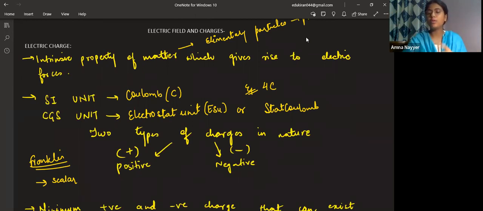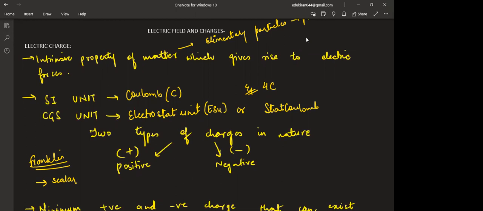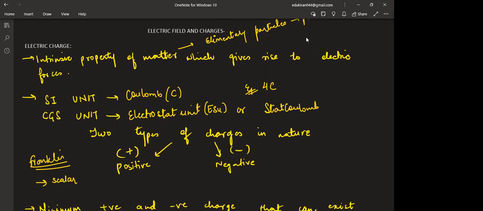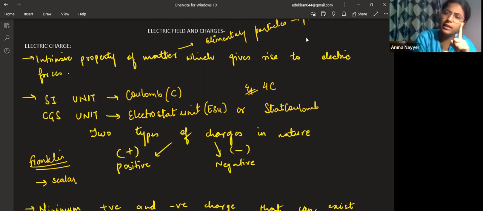Out of this, what you have to remember is that one single electron or a single proton is holding some amount of charge. So Tarif, do you remember what is the value of electronic charge? 1.6 into 10 raised to minus 19 coulomb. Yes, minus 19 coulomb. So one single electron is holding a certain amount of charge.